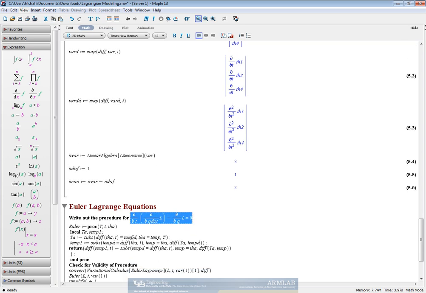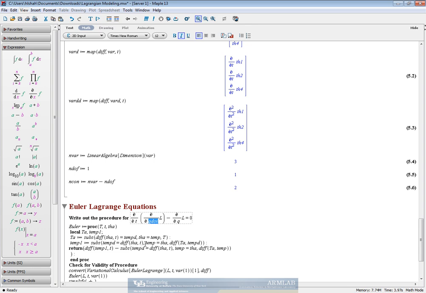We simplify this process, that is, we break it into 2 or 3 different parts. We first of all substitute the differential of the variable and the variable itself with temporary variables temp d and temp. The next step is to find the differential of the given Lagrangian with respect to temp d, which is the differential, and then differentiate that with respect to time after substituting the original variable and its differential.